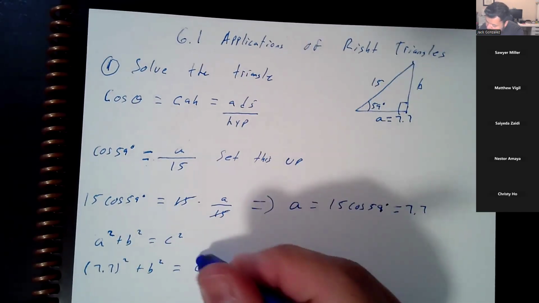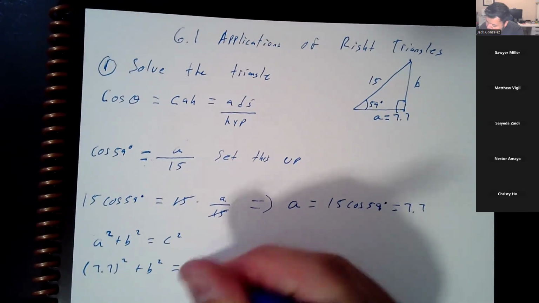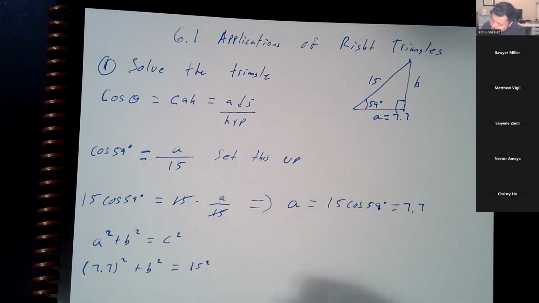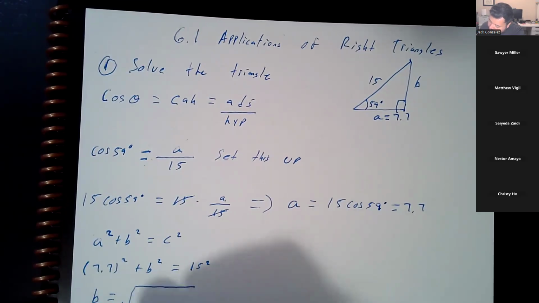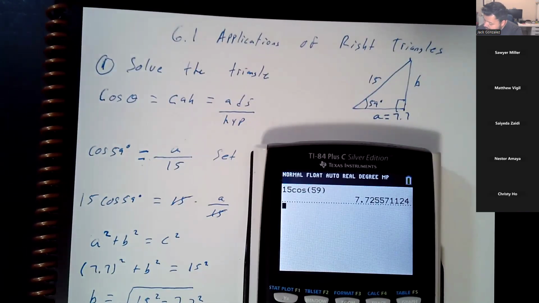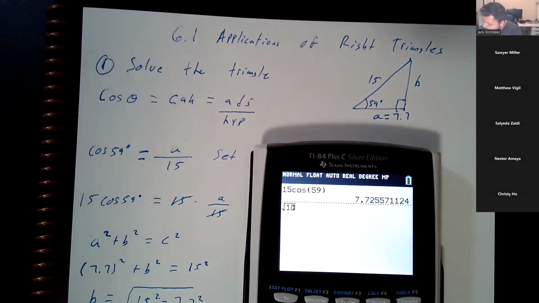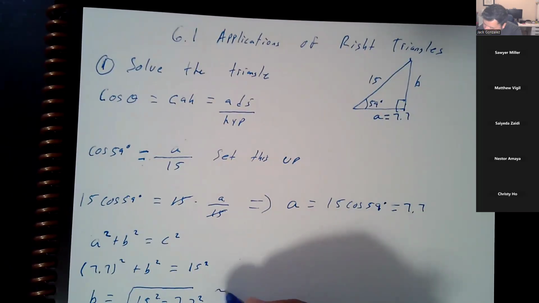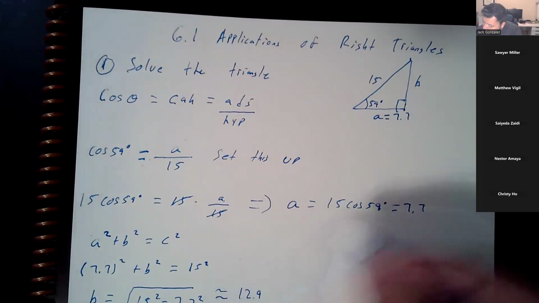Oops, c is 15, right? Yes. Okay, so then b, skipping a minor step, is equal to the square root of 15 squared minus 7.7 squared. I don't know what that is. So b is approximately 12.9.